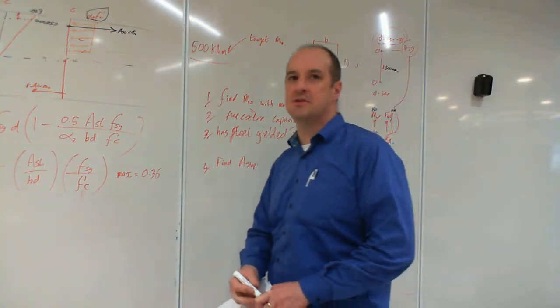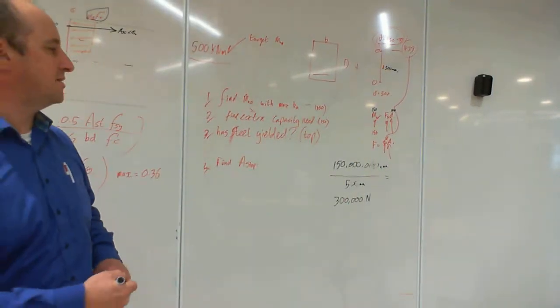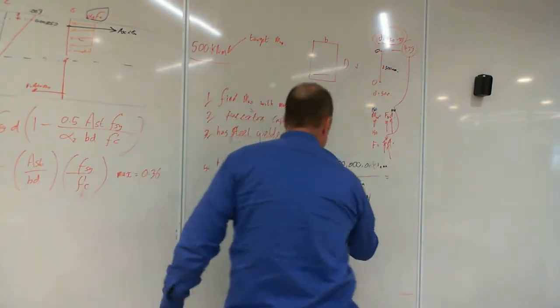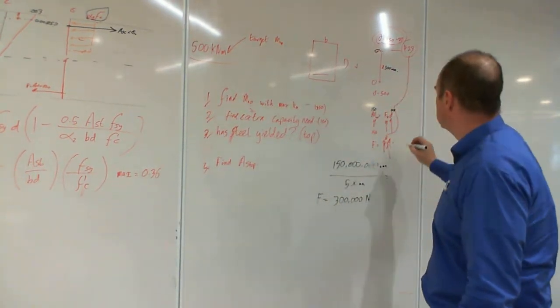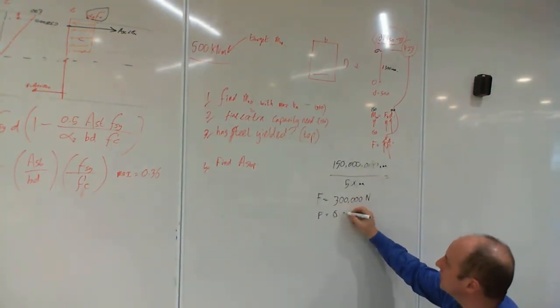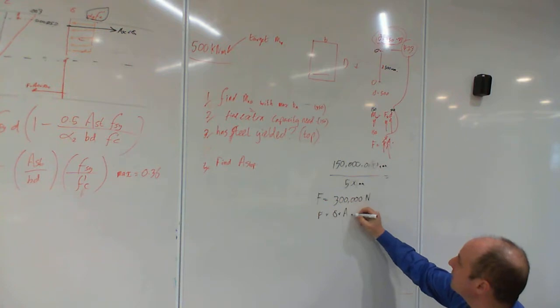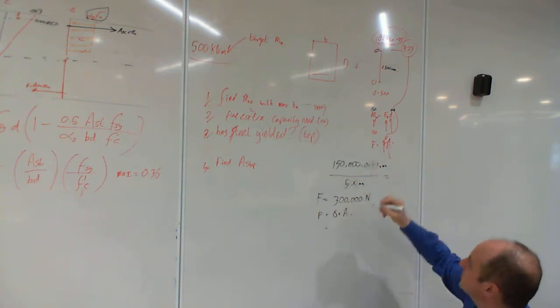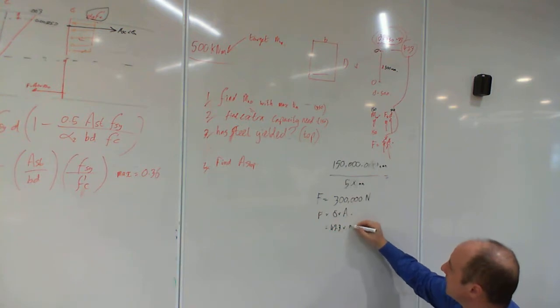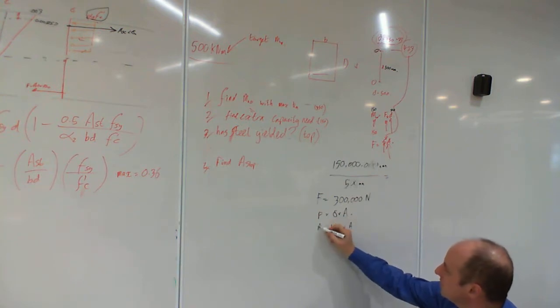300,000 newtons. Okay, 300,000 newtons is our force. Now, the force equals the stress times the area of steel. We decided our stress was 423 megapascals times the area in square millimeters.